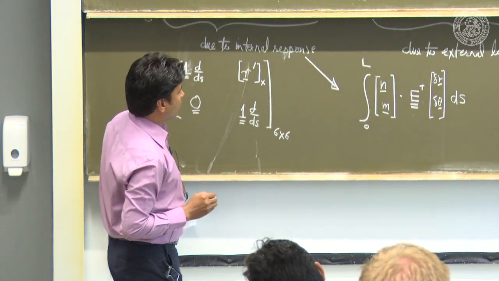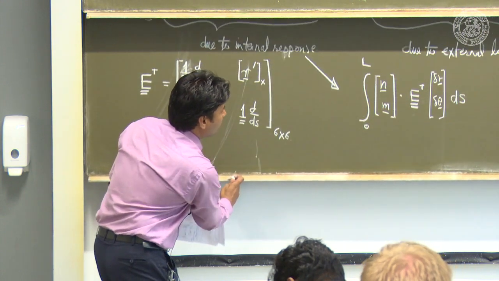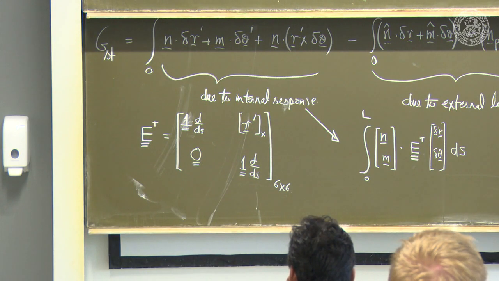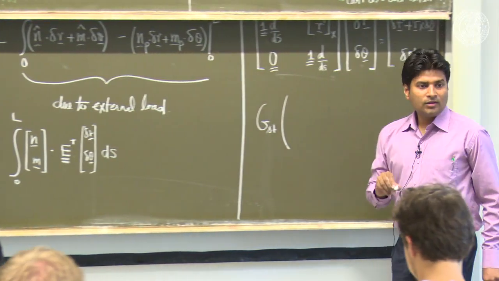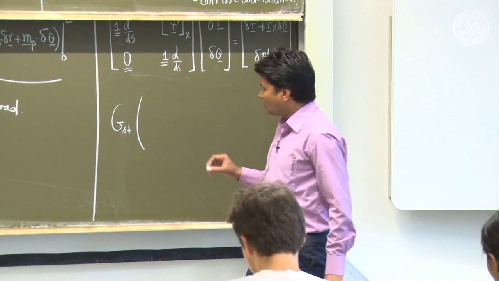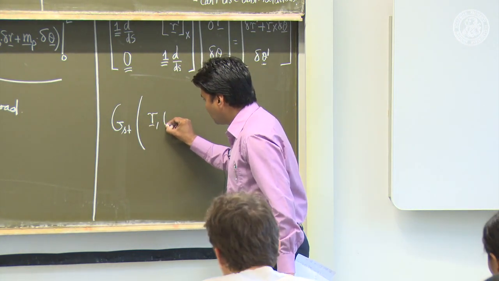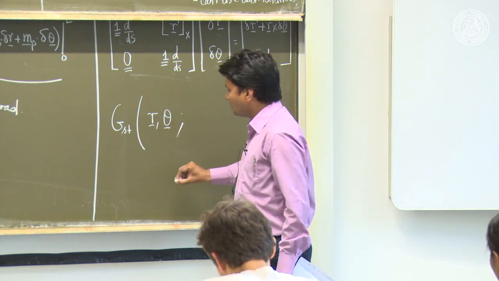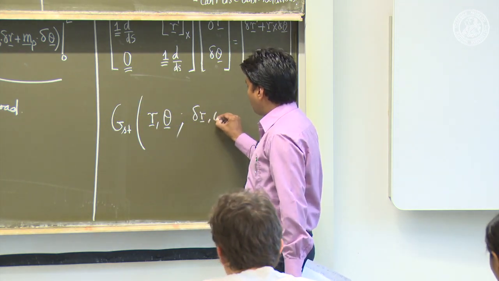All right. So, that is the weak form, and maybe we can hold it a little bit and write that this weak form that you see over here, G static. What does it depend on? The weak form depends on the unknown little r, theta, and also on the variations del r and del theta.